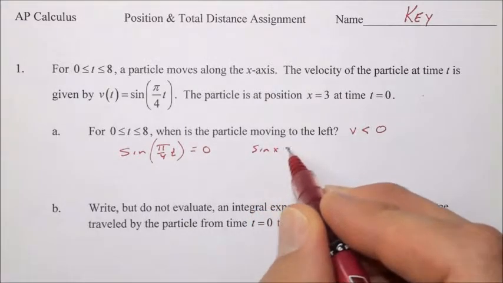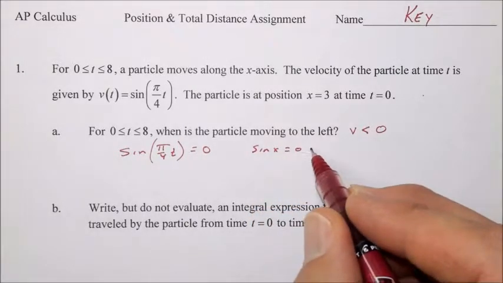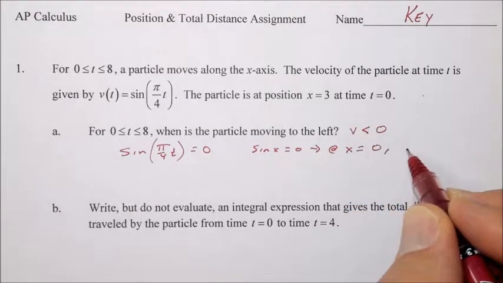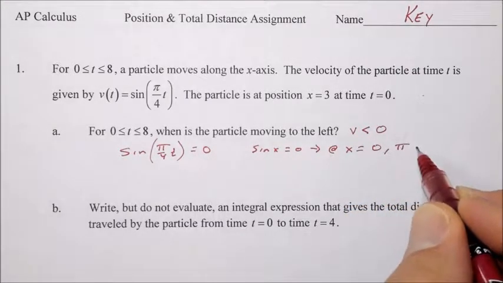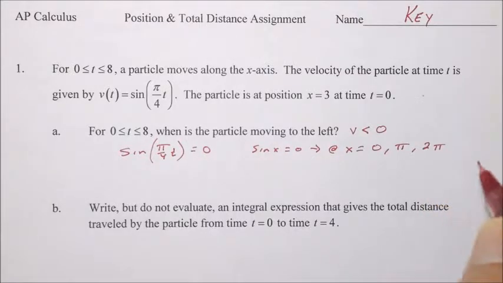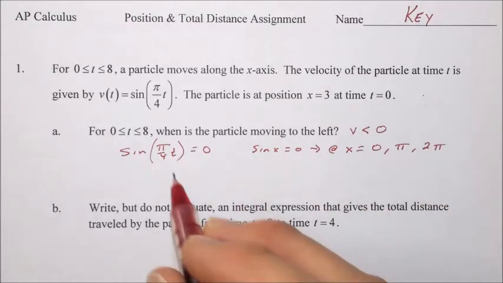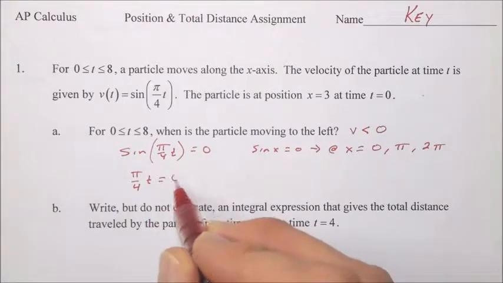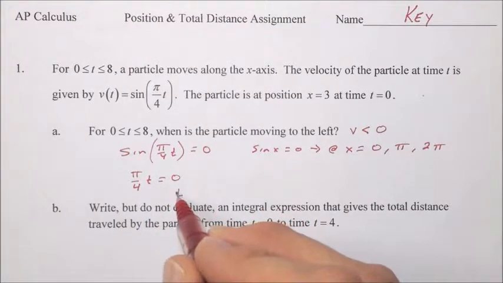Sine of x equals 0 at x equals 0, and then again at x equals pi, and then again at x equals 2 pi. So we basically need to know, when does pi over 4t equal 0? Well, that's when t is 0.